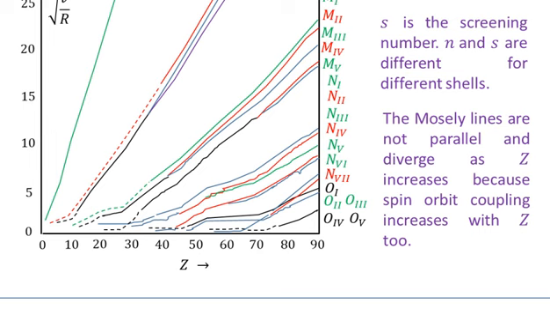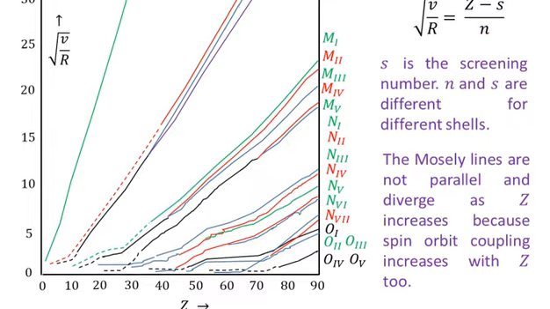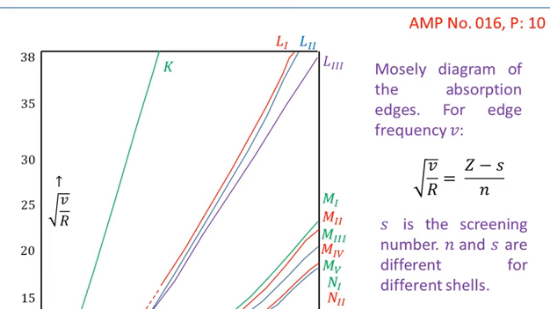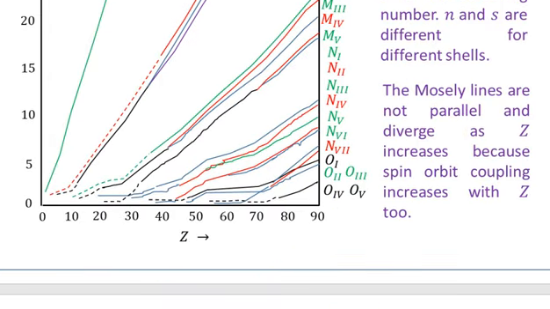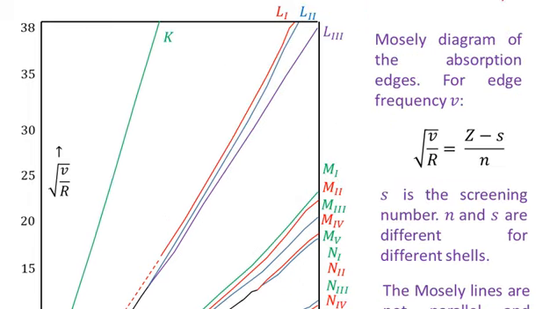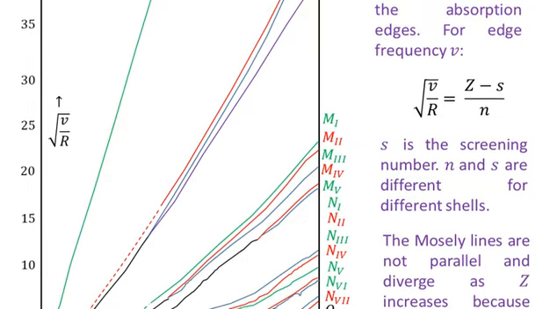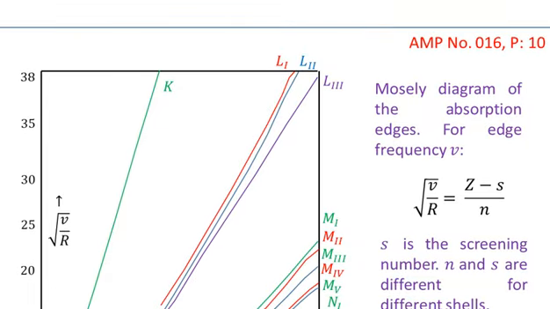So due to that, the lines are not parallel and they are diverging out with the value of Z. Here I have shown the behavior of the K series, L series, M series, N series, and O series when the value of Z is increasing, plotted as a function of the square root of frequency nu divided by the Rydberg constant R. So it is evident that with the increase in the value of Z, the LS coupling increases, and this is the LS coupling that helps to diverge out these lines.